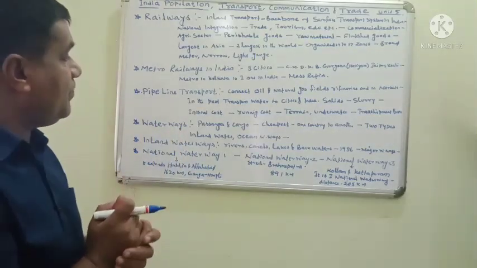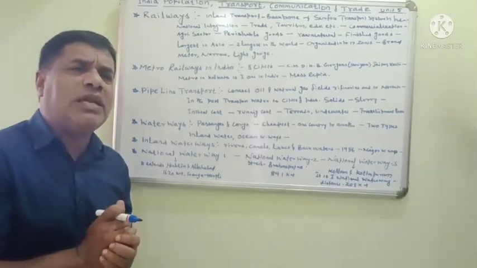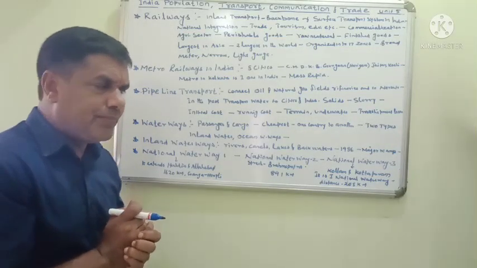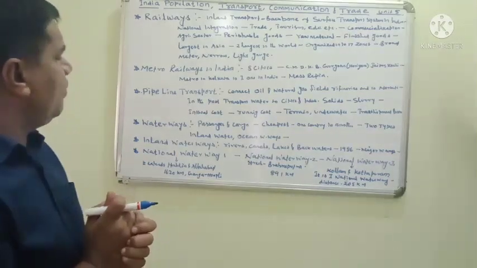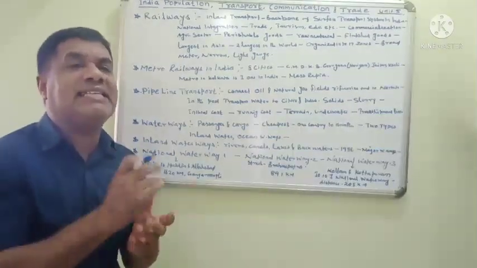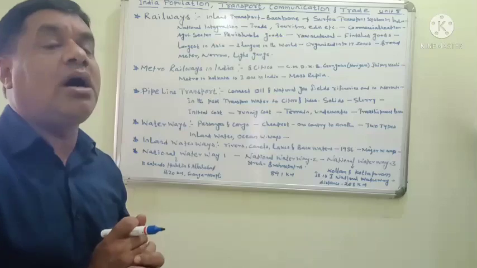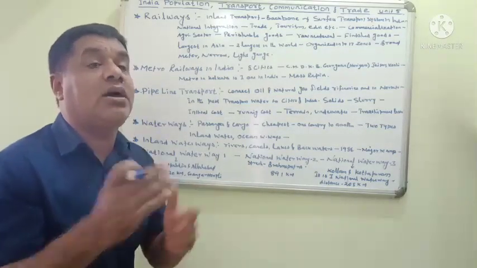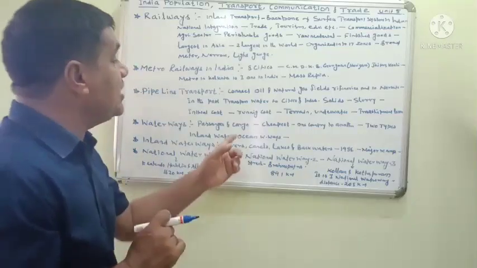Waterways. Waterways is one of the important transport systems in our country. The ship carries the passengers and also cargo. Cargo means what? Ship carries goods from one place to another or one country to another. That is known as cargo.